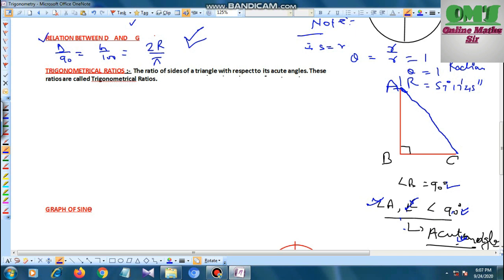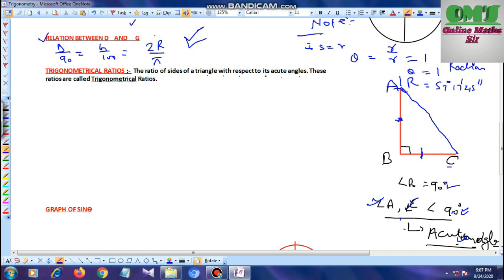Now the ratio of sides. So here two sides AB and BC are opposite to both the acute angles.